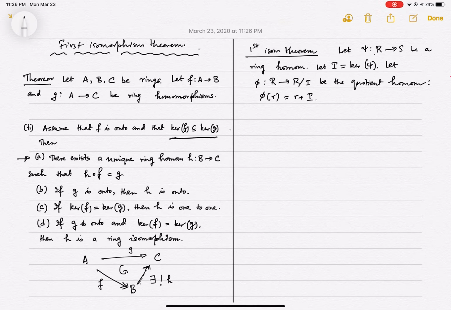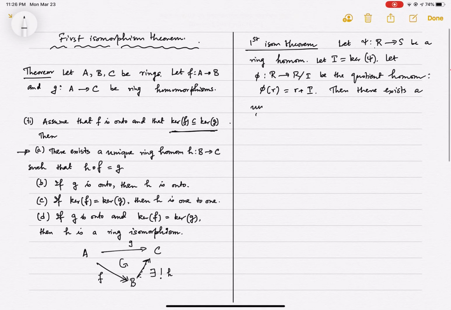The statement is that then there exists a unique isomorphism eta from R mod I to the image of psi, such that psi is eta circle phi.